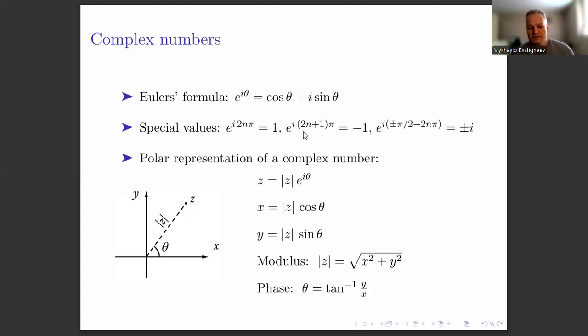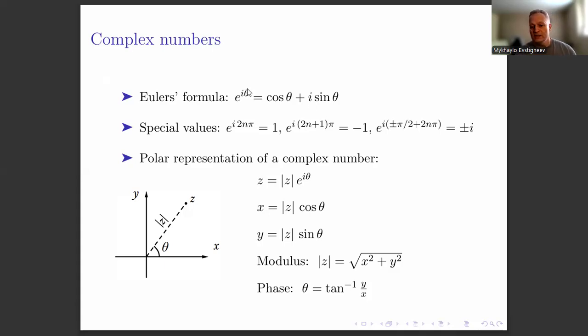If it is an odd multiple, 2n plus 1 times pi, then cos of (2n plus 1) pi is negative 1. So the exponential of i times an odd integer multiple of pi is negative 1.